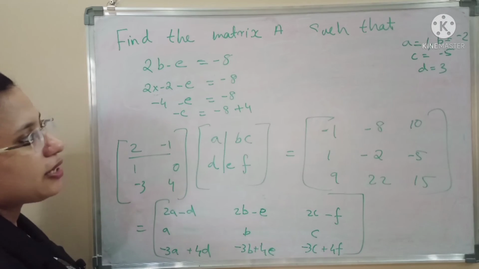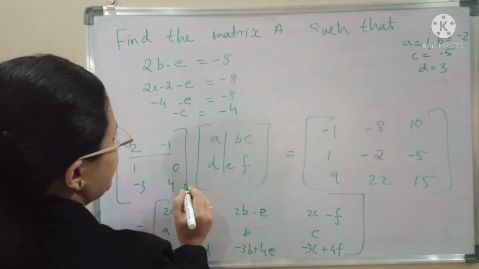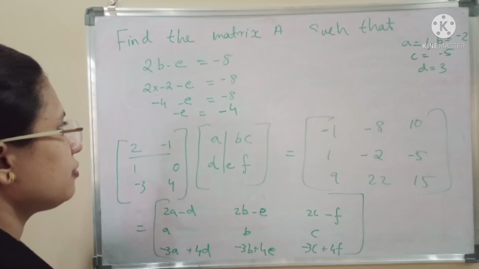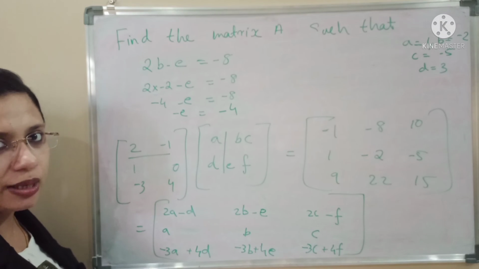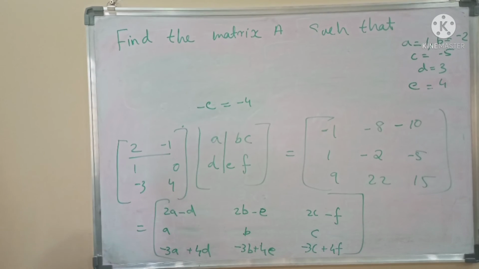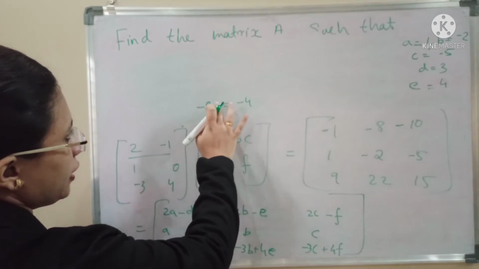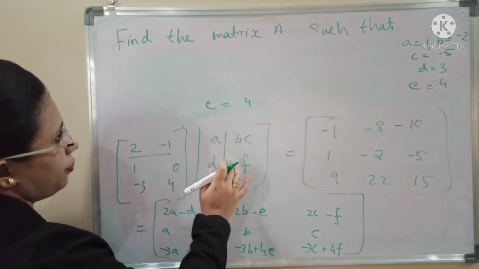Minus 8 plus 4 will be minus 4. Handling of negative numbers, we already learned it. Those who are attending this for the first time, go through it and study that. It is very important. Since both sides we have negative, just cancel it. So E will be 4.